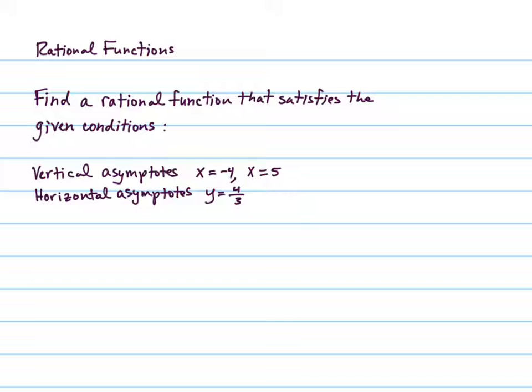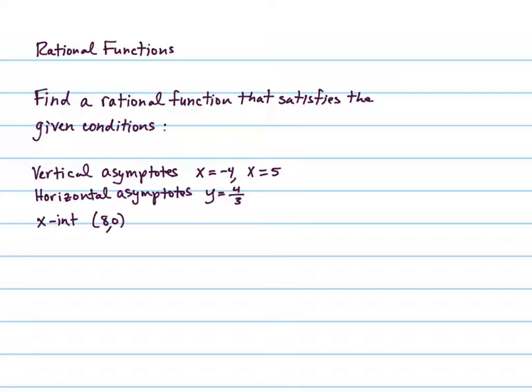We need a horizontal asymptote at y equals 4/3, and we need an x-intercept of (8, 0). Now if you had this problem on the test, you would have like 4 choices for answers. And so the way I would encourage you to do a problem like this is look at each of the cases and then see if they meet the conditions that you're given here. It's a little bit harder to build it from scratch like I'm about to do.